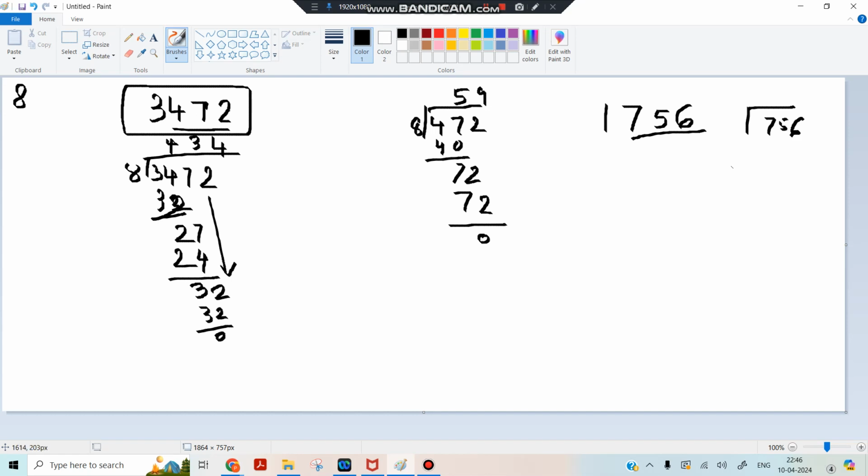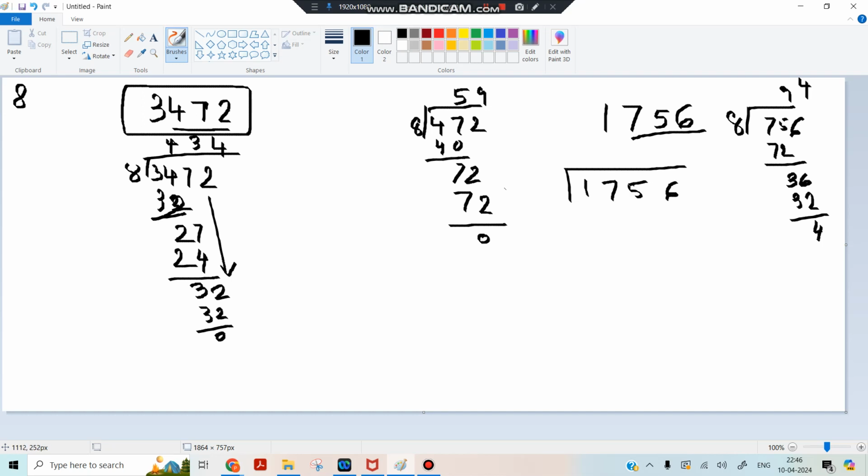Now these numbers I'm taking randomly, so let's check. 8 9s are 72. 3 is the remainder, 36. 8 4s are 32. Remainder is 4. So this number 756 is not divisible by 8. So 1756 will also not be divisible by 8.